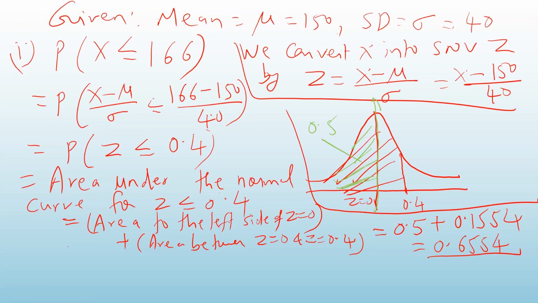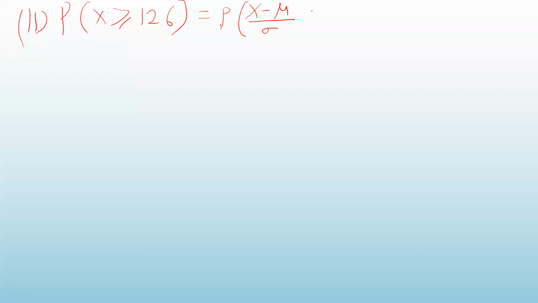The second one: probability of x greater than or equal to 126. As before, we are going to convert this x into z by the transformation (x minus mu) upon sigma, greater than or equal to 126 minus mu, where mu is 150 and sigma is 40.